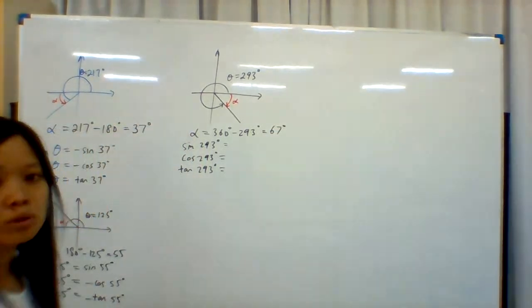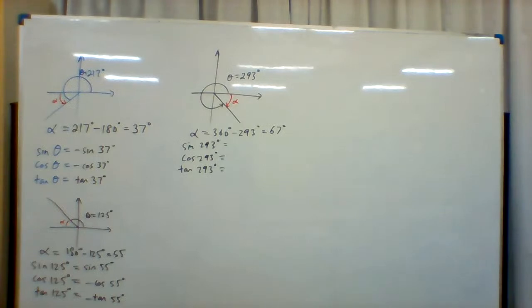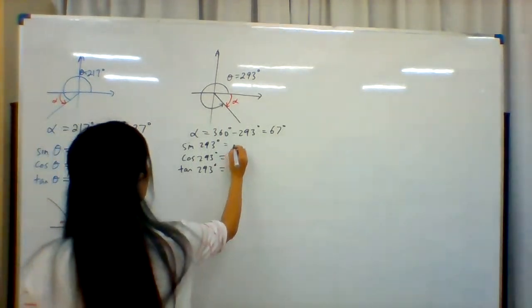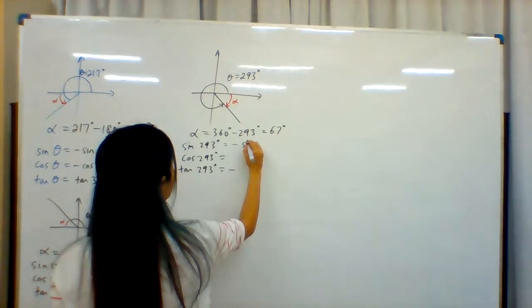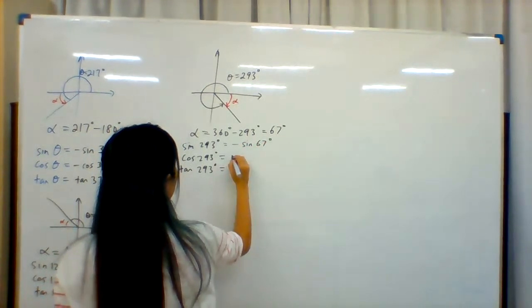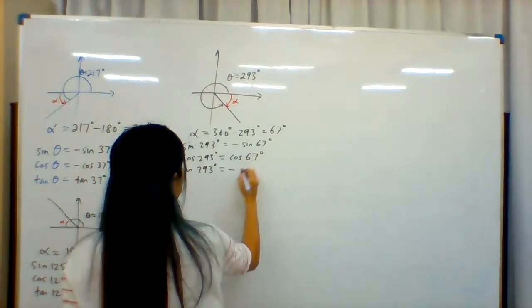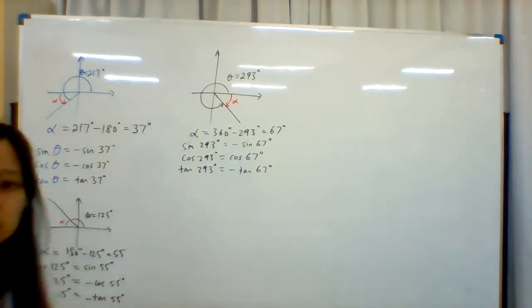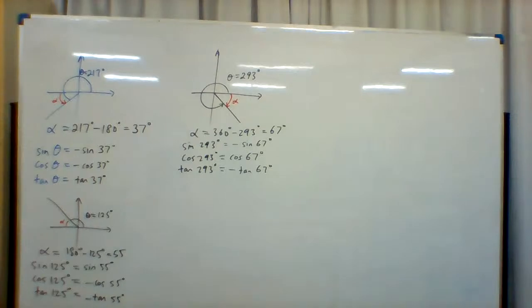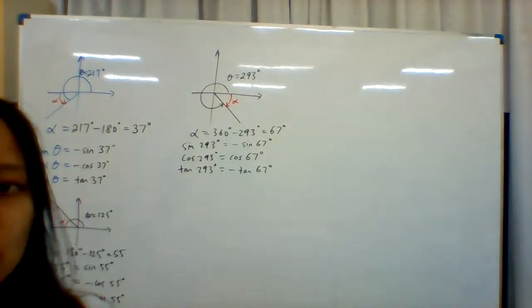Then like I told you, look again, it is in the fourth quadrant. So fourth quadrant, all science teacher crazy, meaning cos is only positive, the rest must be negative, right? So this one will become negative sine 67. And then that's it, you're done.